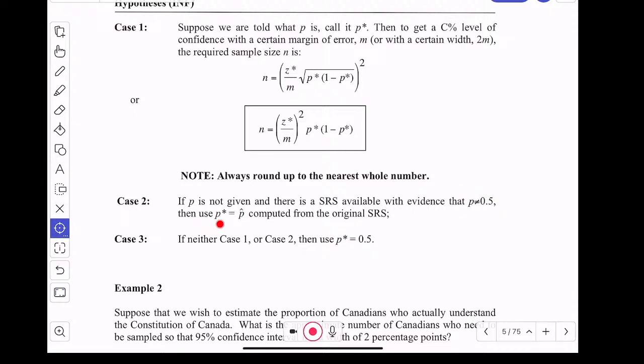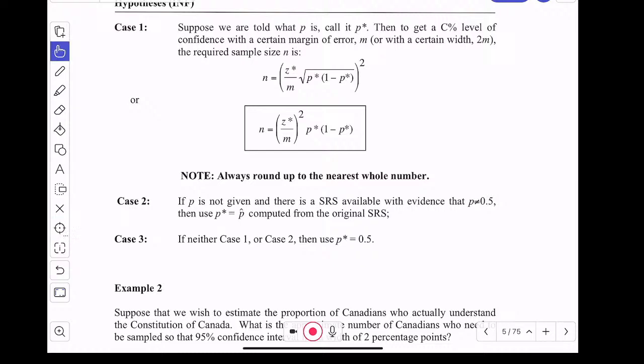Otherwise, if you have absolutely no information, nothing someone gave you or found in another sample, you would have to use 50%. That's midway between all the possibilities for P if you have no prior information. So it's either use what you're given, use an estimate from another sample, or if you have nothing, use 50%. Those are the three cases.